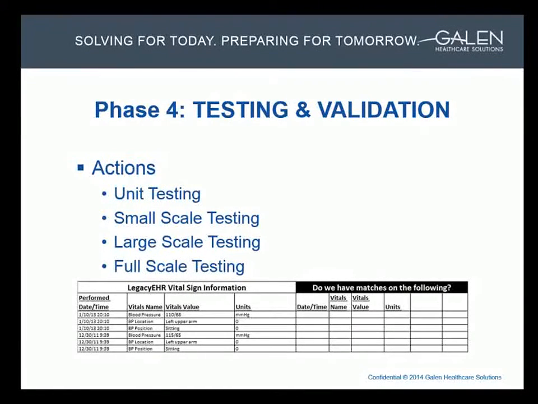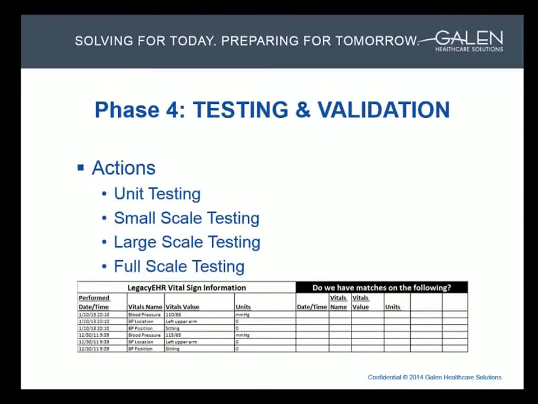The next phase is large-scale. Large-scale testing would typically include converting one message for each record mapping within a data type. For instance, if you mapped 50 immunization records from the legacy system to the target system, we would convert one message for each of the 50 records mapped. This just ensures that you're testing every single mapping.